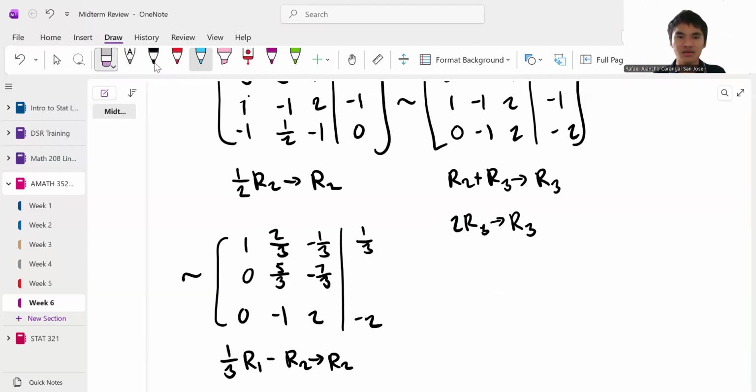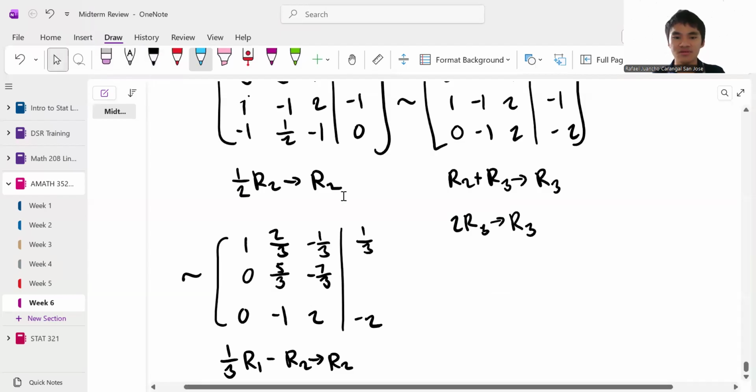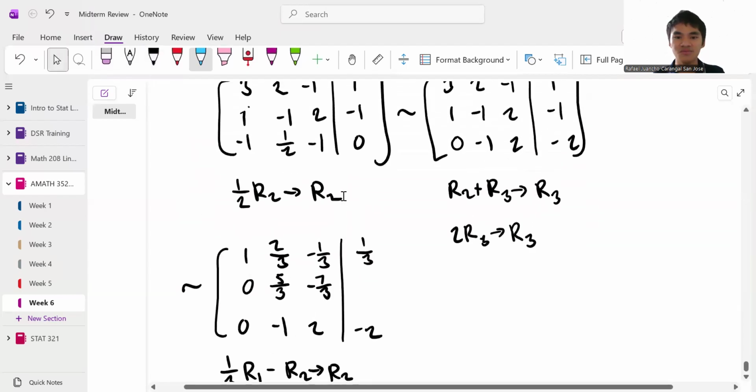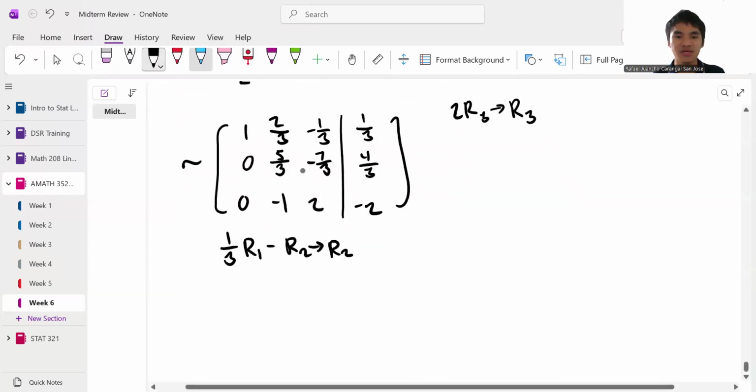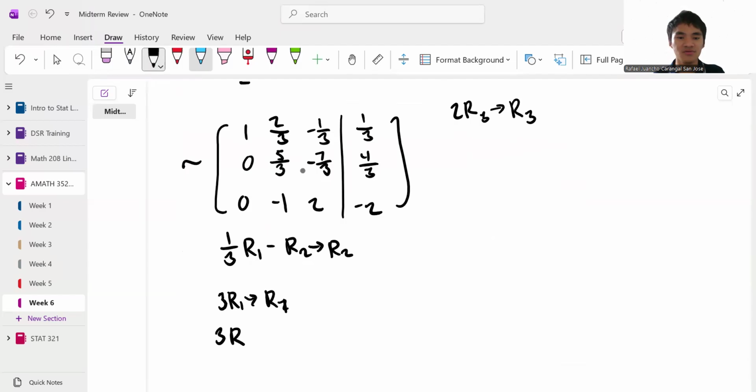And then I think 1/3 plus 3/3, 4/3. And then how I would do this is I would multiply row 1 by a 3, put that in row 1, and then also multiply row 2 by 3, put that in row 2.